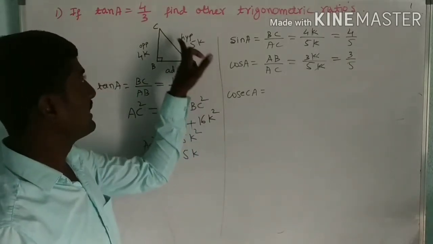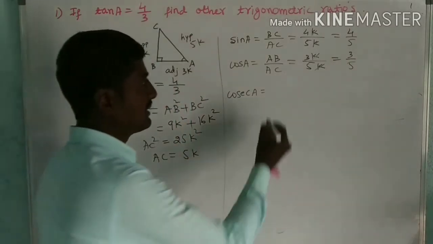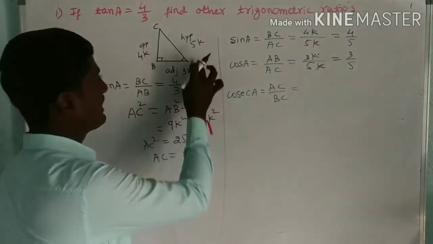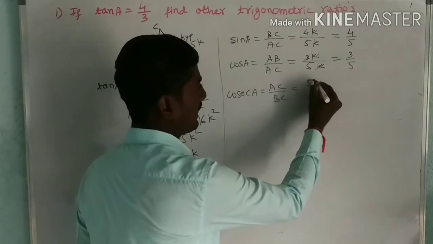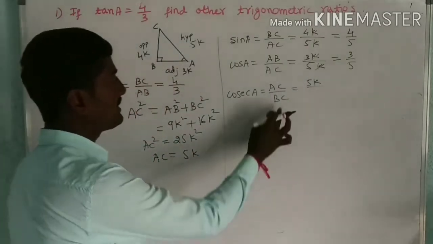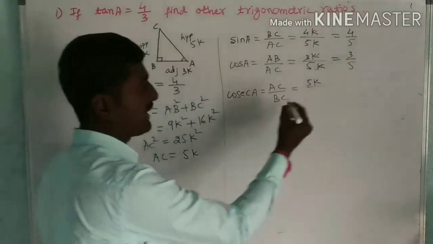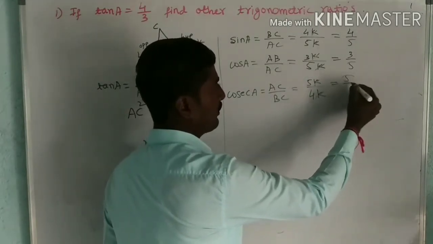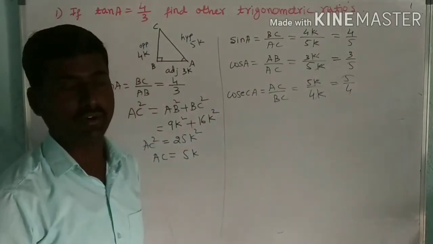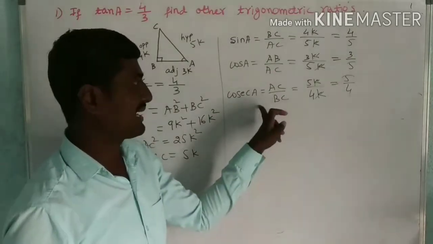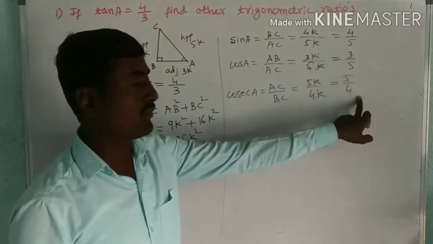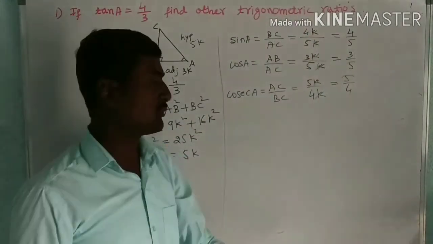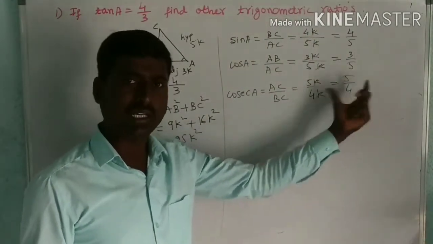That is AC divided by BC, 5k divided by 4k. K gets cancelled. That is equal to 5 by 4. Directly I can write 5 by 4 because sin A I am getting 4 by 5. Reciprocal of that will be 5 divided by 4.